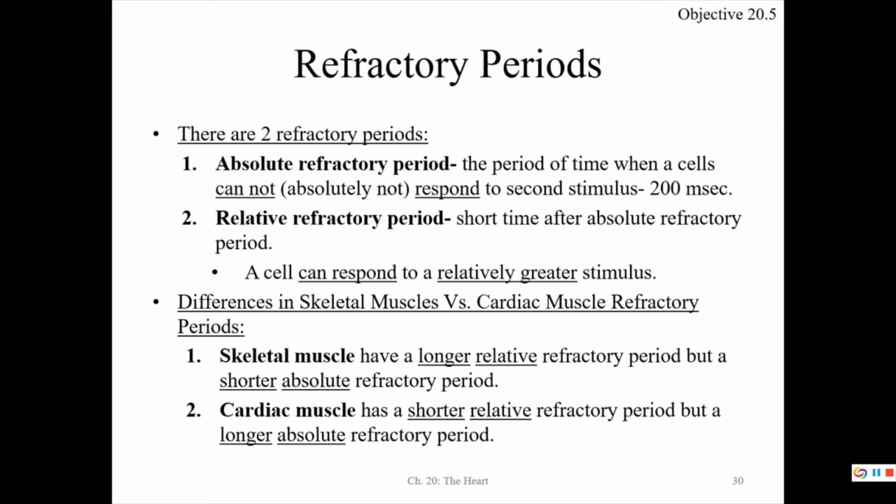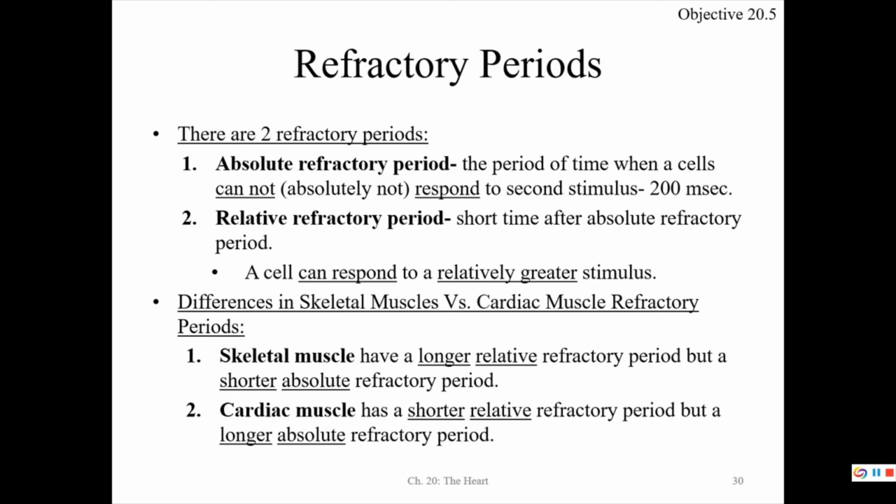Now, remember, excitable cells have periods of time when they can be excited, and periods of time when they can't be excited. And there's a caveat, a catch. The absolute refractory period is the period of time when a cell cannot respond.